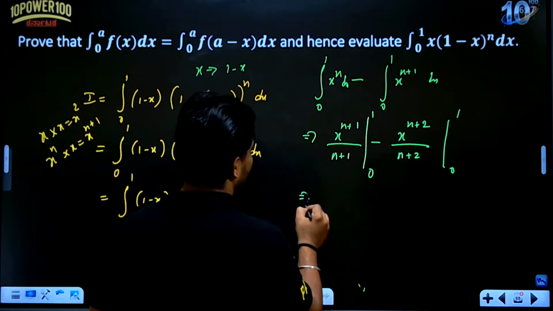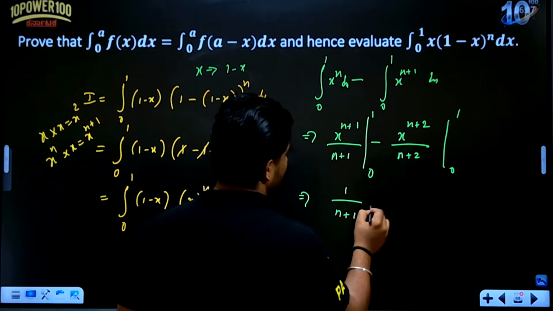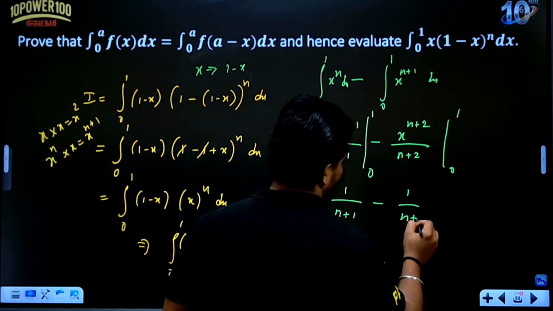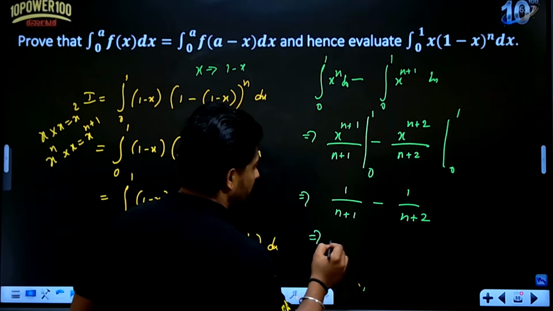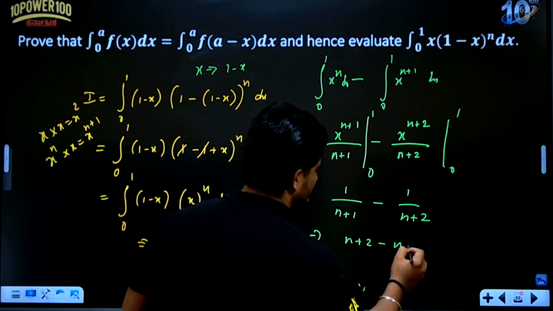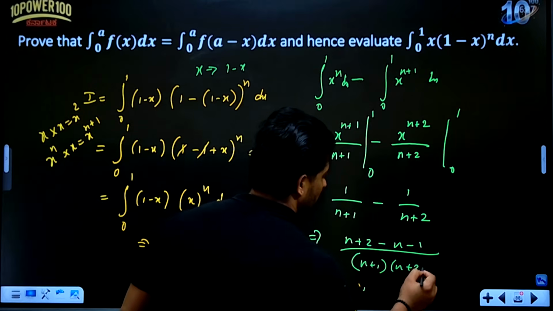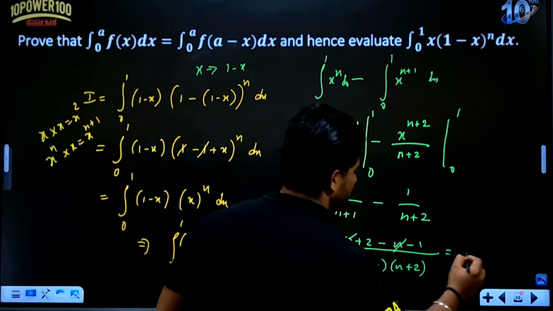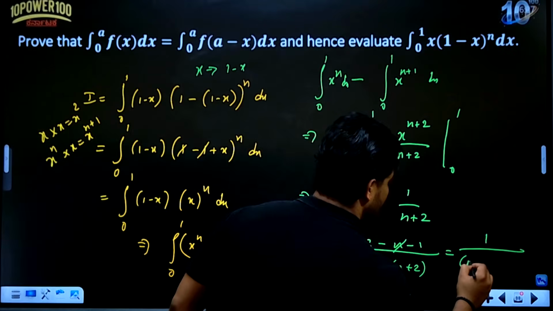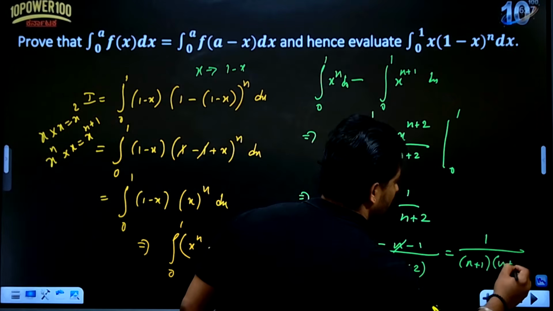So we get 1 by (n + 1) minus 1 by (n + 2). If you solve further, we get (n + 2 - n - 1) divided by (n + 1) into (n + 2). So n and n cancel, 2 minus 1 is 1. The final answer is 1 divided by (n + 1)(n + 2).